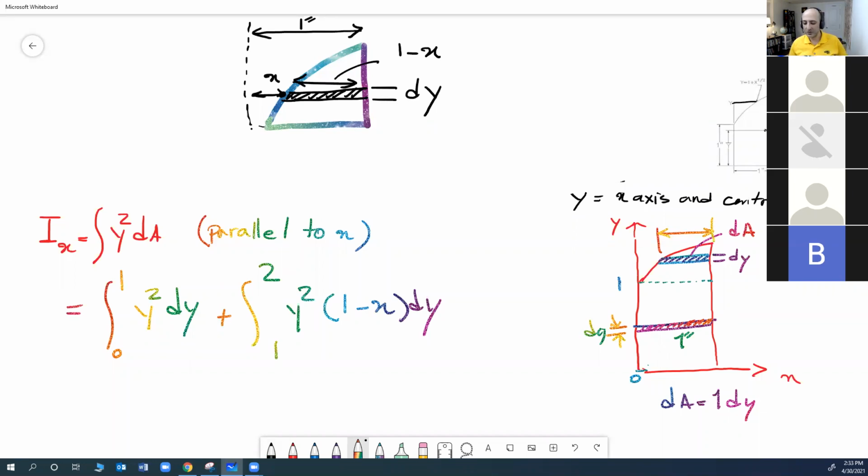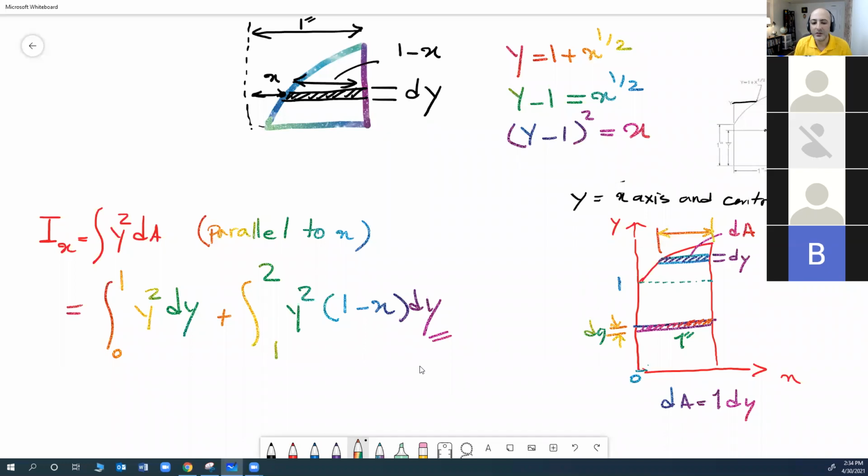Is everyone following, or is everyone distracted by the colors? Okay, so the last thing I want to do is just find x and replace it, because I have dy, everything needs to be in x. So let's see, y equals 1 plus x to the power of half, y minus 1 equals x.